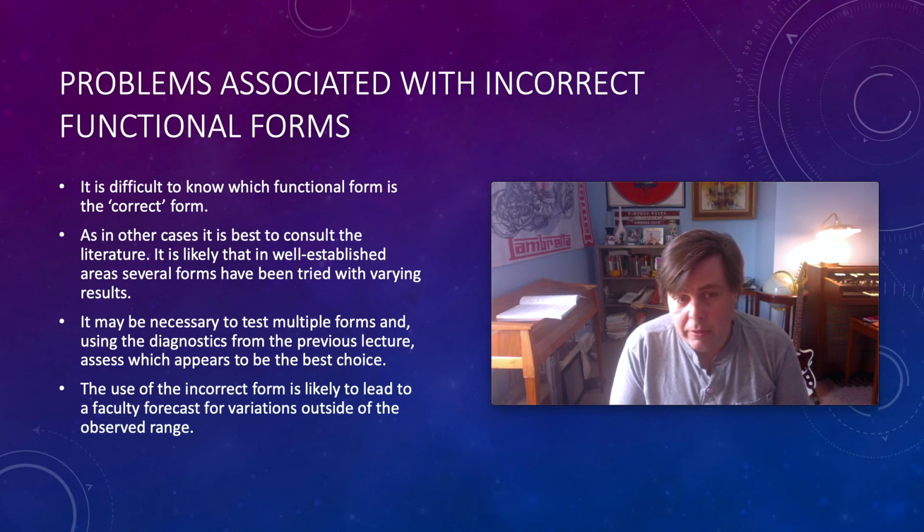And so it may make sense to start testing different functional forms. We talked a little bit about that earlier, but the test of functional forms is something we'll get into a little later in this term. It can get quite sophisticated and well beyond the scope of this course.